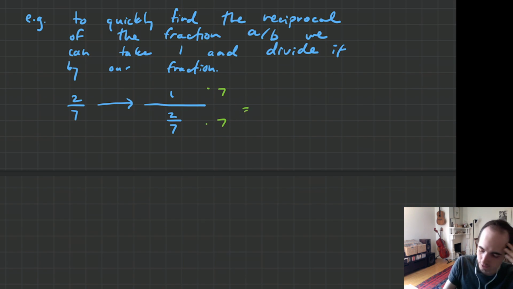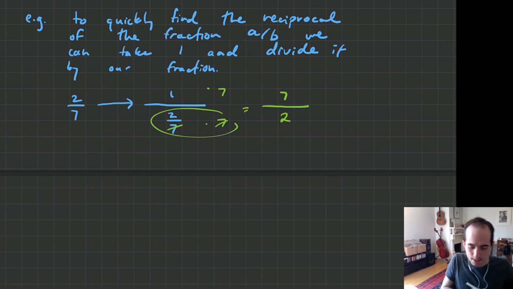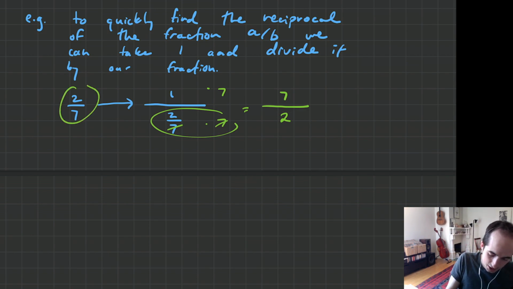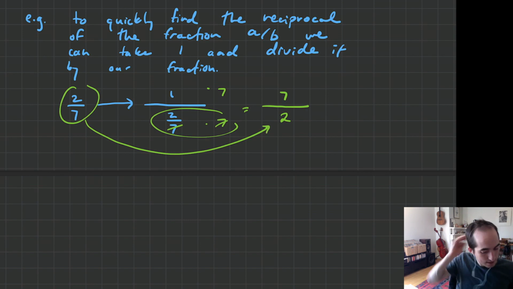The numerator becomes 1 times 7, which is 7. The denominator is 2 over 7 times 7, and the 7s cancel, so I get 2. So you can see I've found the reciprocal by taking 1 and dividing by it.